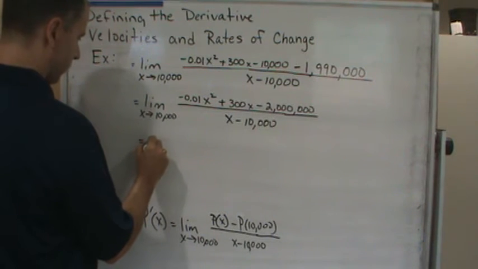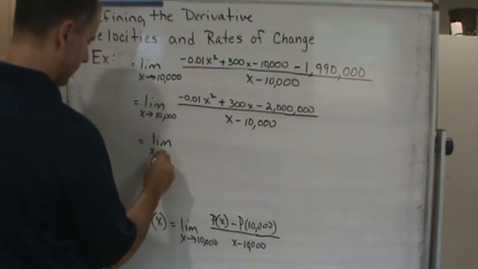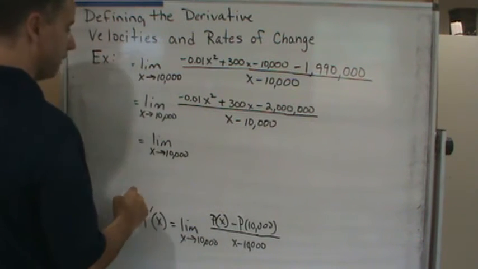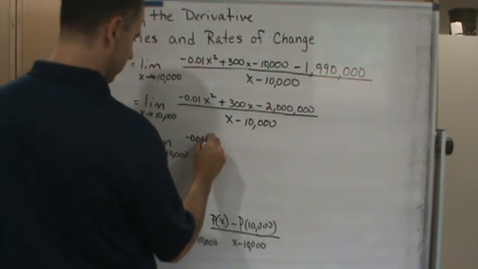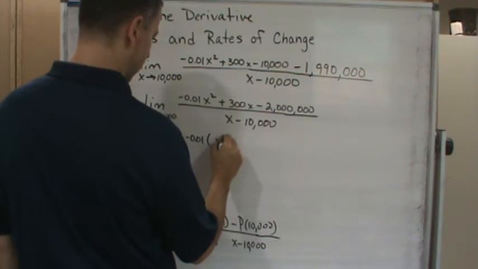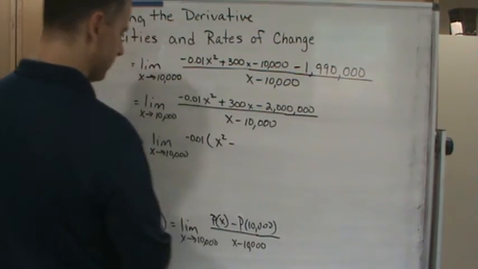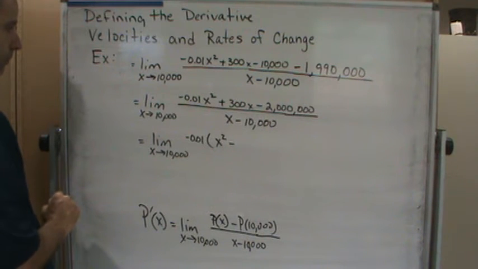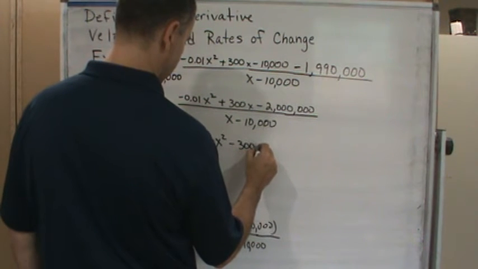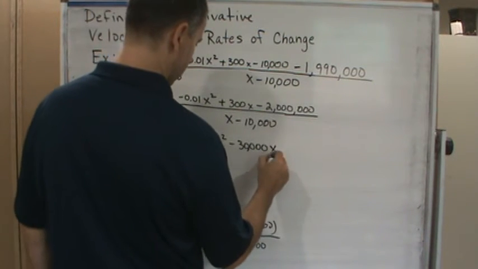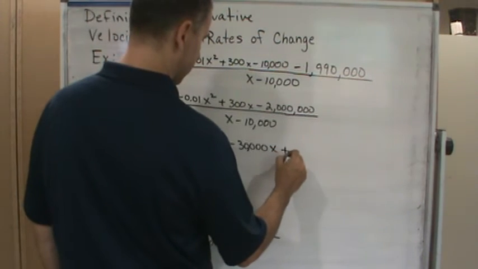And then this is going to equal the limit as x approaches 10,000. Let's factor out the negative 0.01. This is going to equal x squared minus 30,000x plus 2 million.